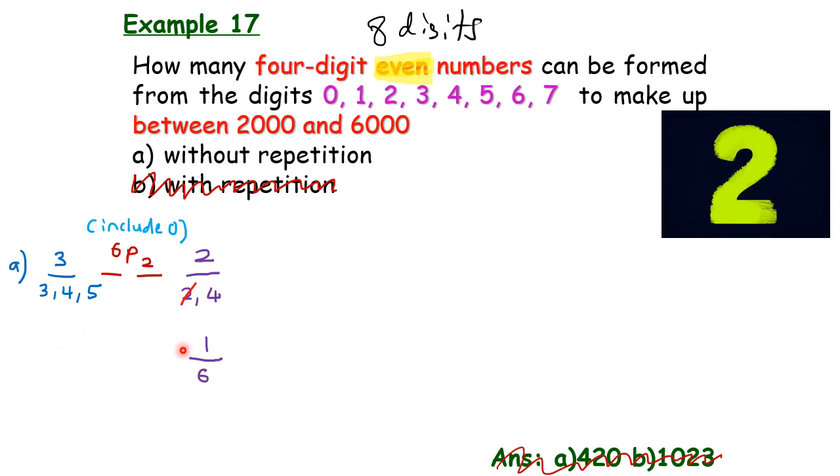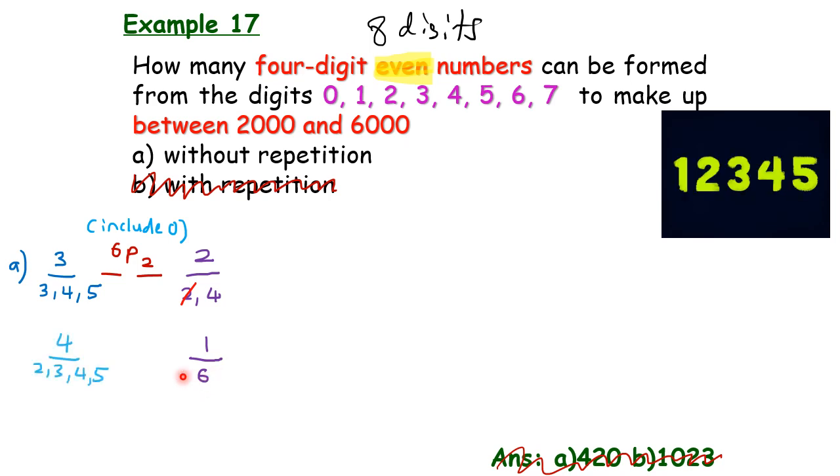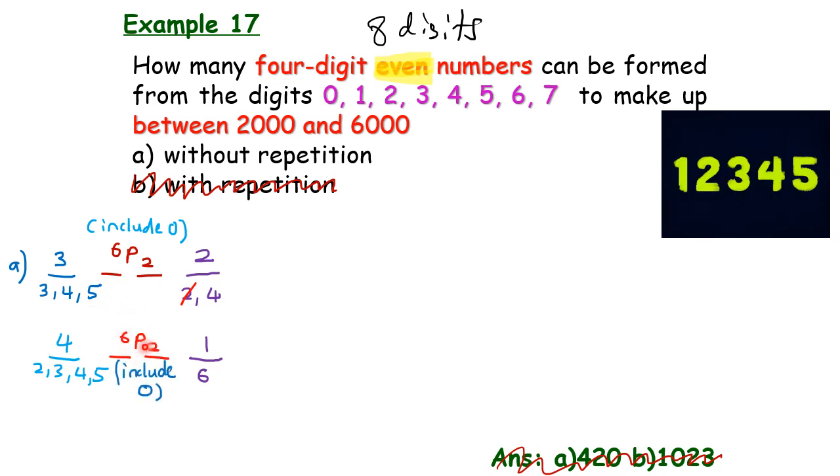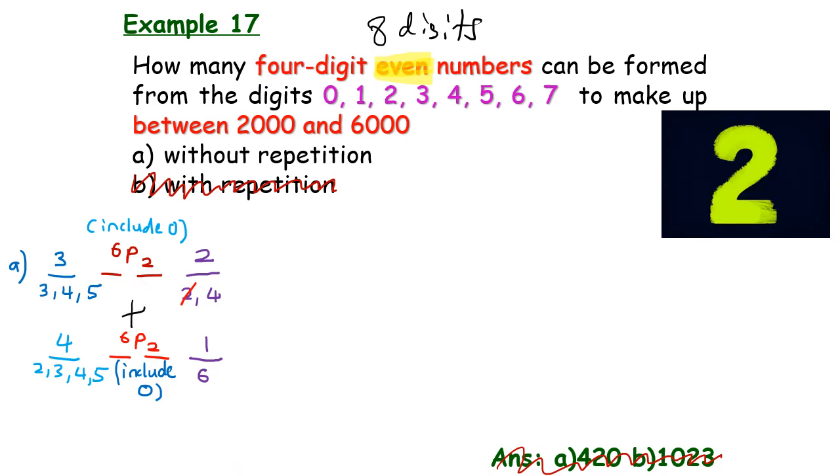So another possibility is we choose 6. So if you choose 6, at the front we can choose 2. So here at the front it will be 4 choices. And then in between, this one is the same, okay? It is 6P2. So here we have two possibilities, and we have to add these two possibilities.